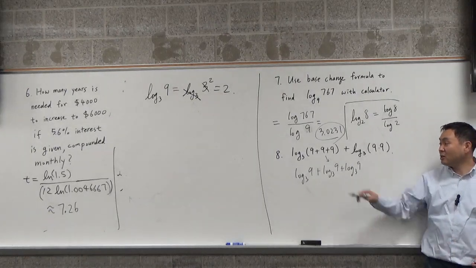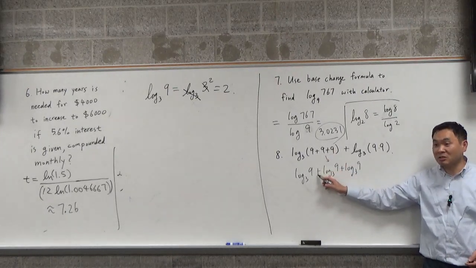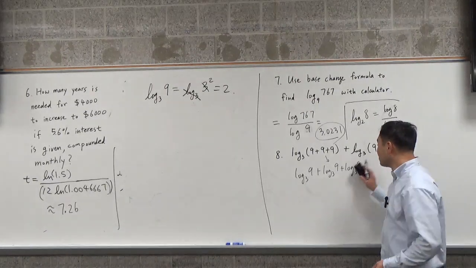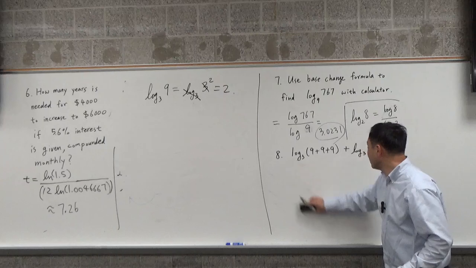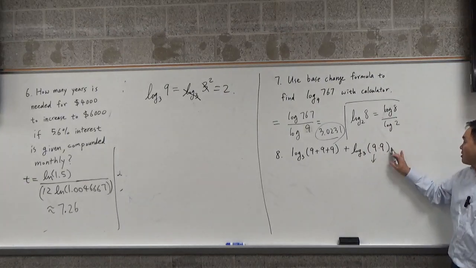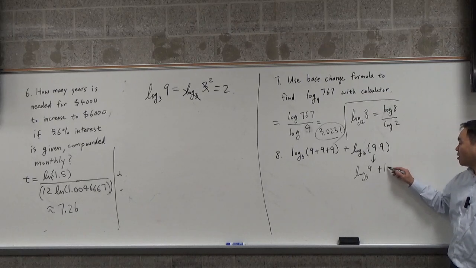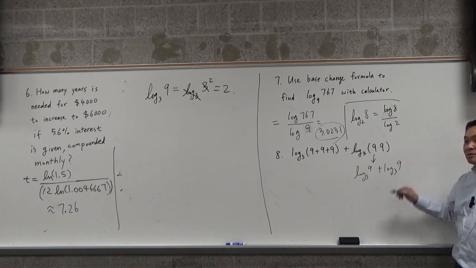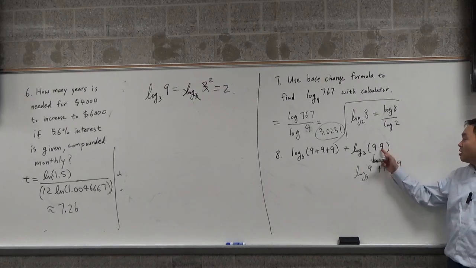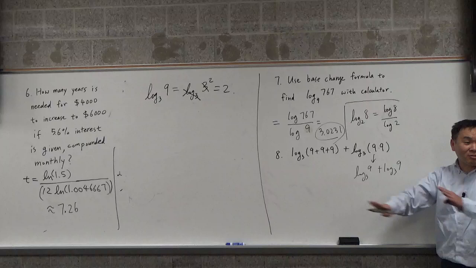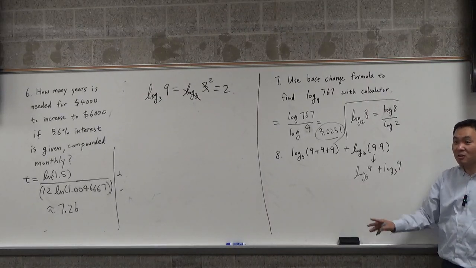You can't split a log like that when you have addition. What is indeed true is that this one is log base 3 of 9 plus log base 3 of 9. Multiplication splits as plus. Pluses never split. So don't do that.